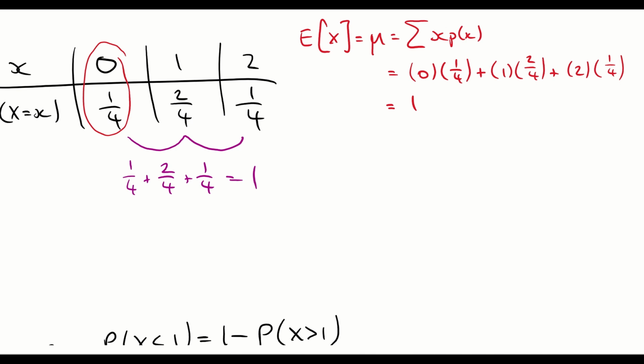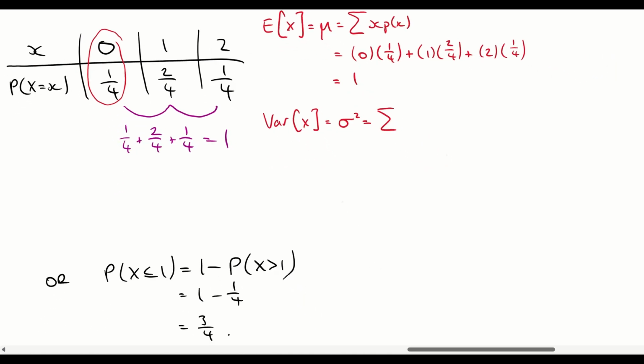If we try to calculate the variance of x, remember that's just sigma squared, which is denoted by the sum of x minus the average, squared, times the probability of x. So we do our 0 minus 1 squared, and then we multiply that by the probability of getting 0, so that would be a quarter.